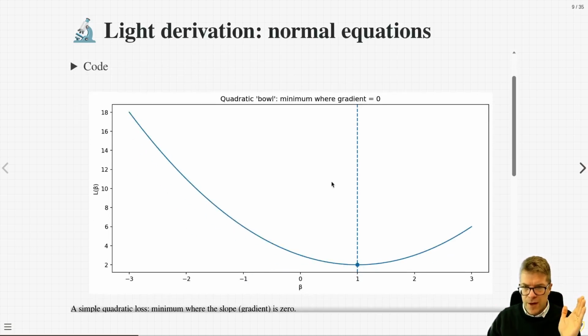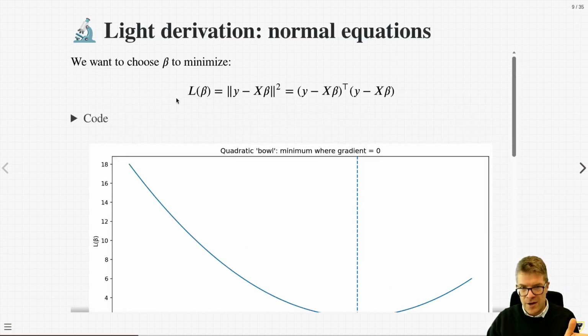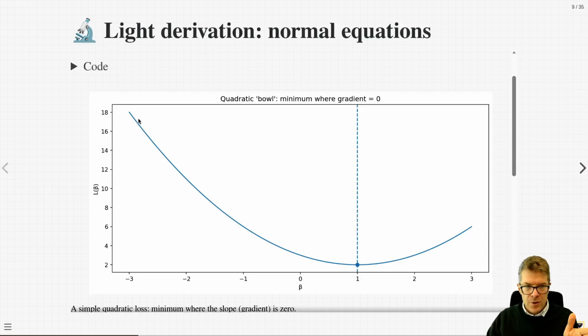That's very useful for us because it tells us that the lowest point in this bowl, this curve, which represents our loss, our error. Remember, the loss is our error, L is our error, so we want to minimize the error. We want to go down this bowl to its lowest point. And we know that there's exactly one of them because this is a quadratic function.